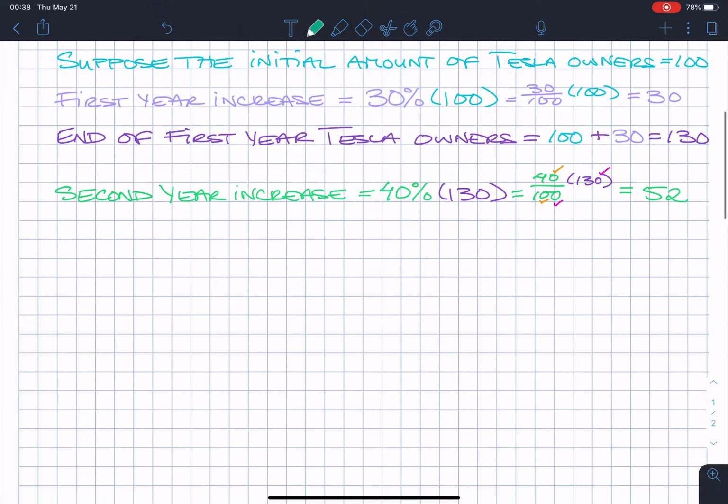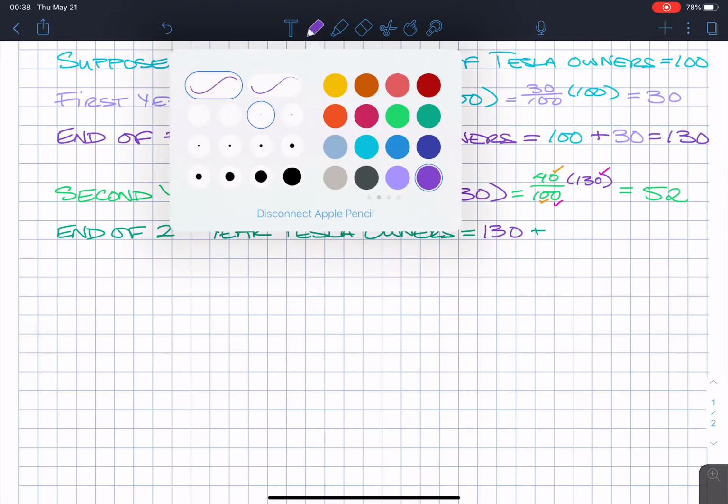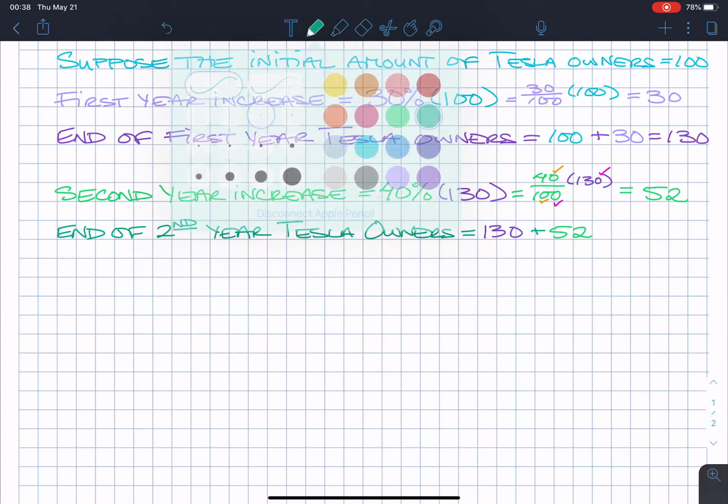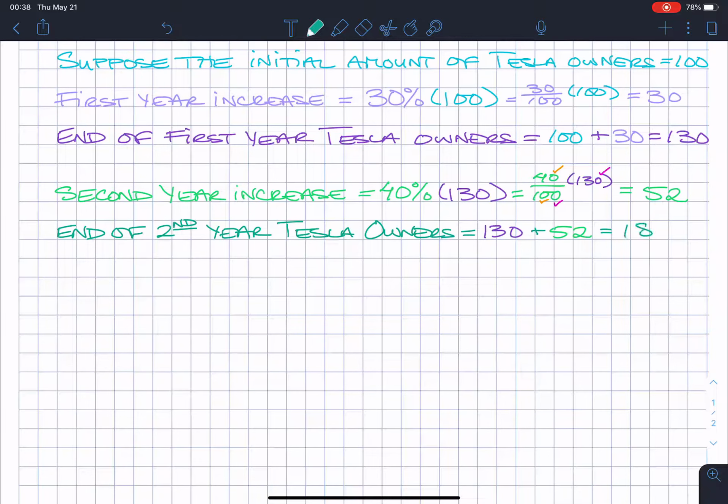So what that means is, at the end of the second year, Tesla owners: it's going to be what I began with, which was 130 at the beginning of the year, and we had an increase of 40%, which is 52 owners. So that's 182.